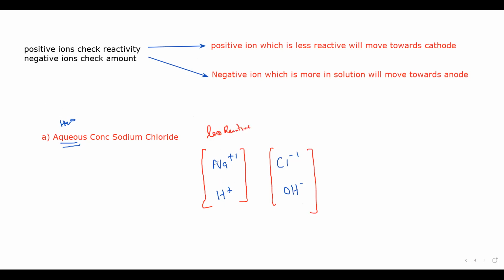So which one is less reactive here for the positive ion, the sodium ion or the hydrogen ion? When you check the reactivity, the hydrogen ion is less reactive. So the hydrogen ion will move towards the cathode.